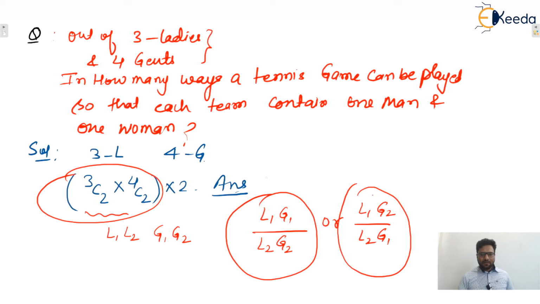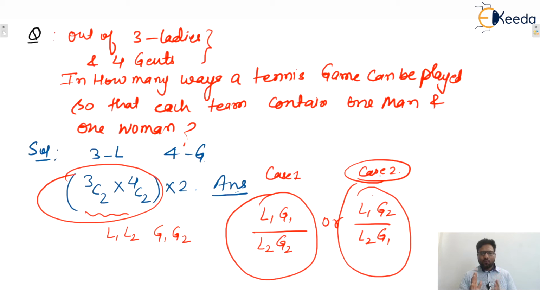So we can say that some games will be from case 1, and some games will be from case 2. That's why after selection there are two possibilities. If L1 goes with G1, then automatically L2 will go with G2. And the second possibility is, if L1 goes for G2, then automatically L2 will go for G1.